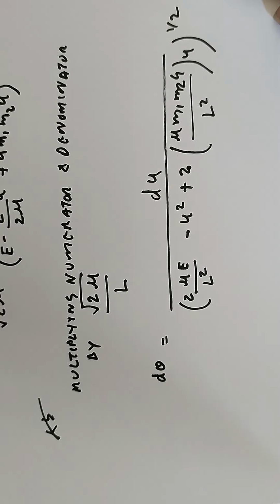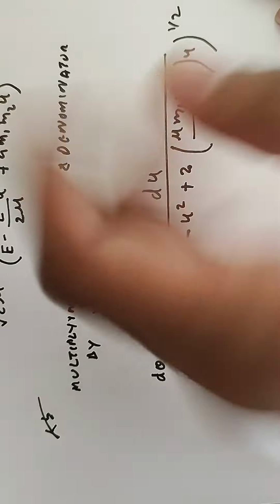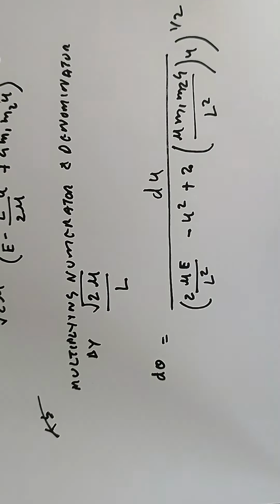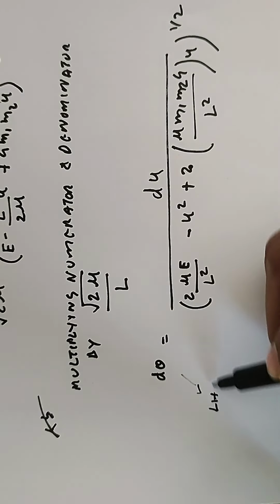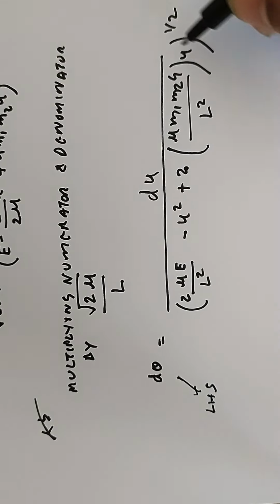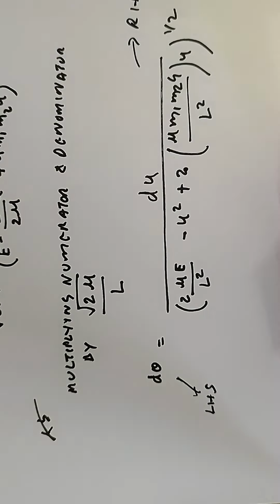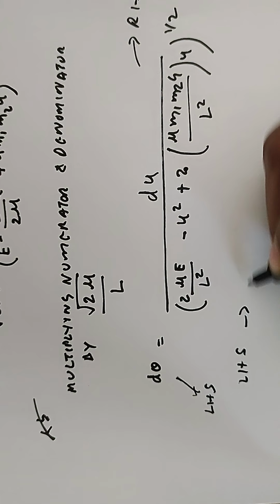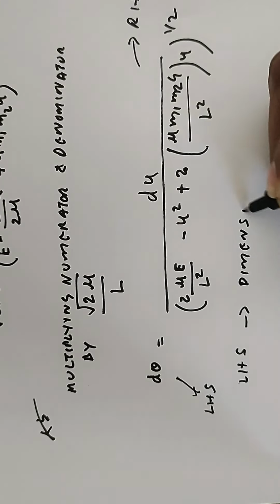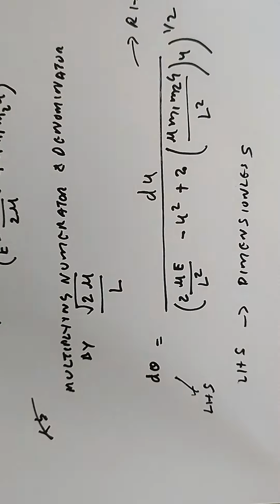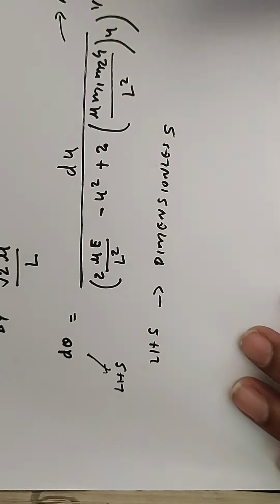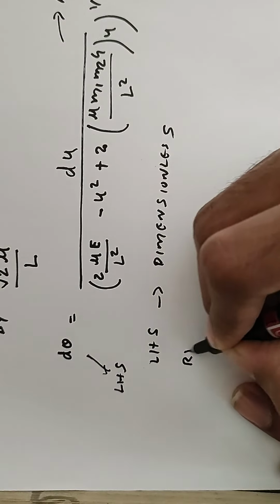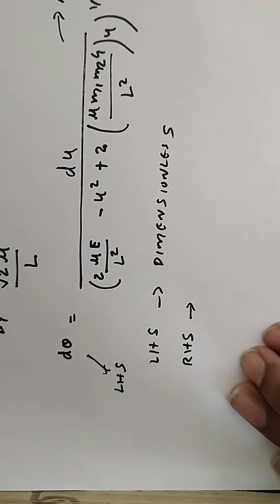If you see the left hand side of this equation, the LHS, and this is the RHS, the LHS is dimensionless. So I can analyze the dimensions of the right hand side.